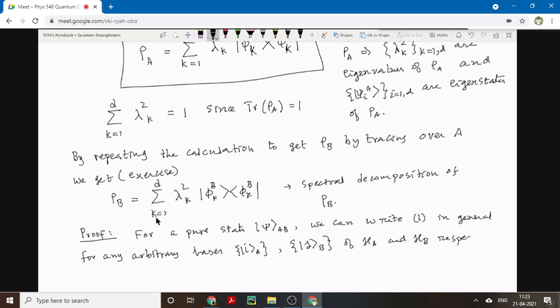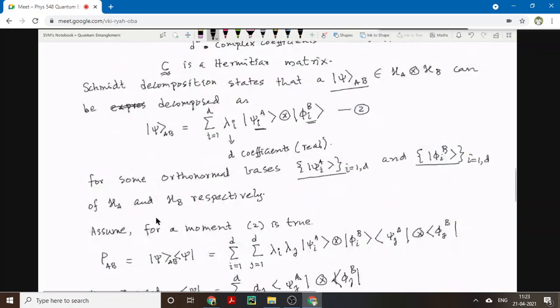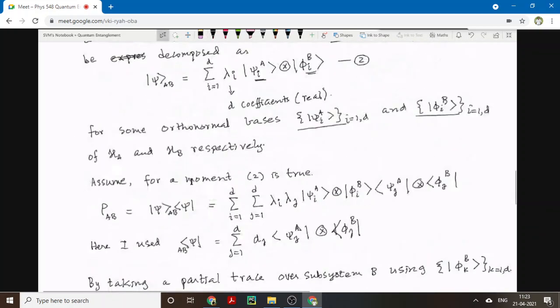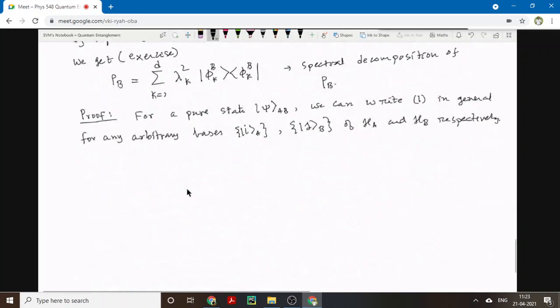You choose any two bases, I can always write equation 1. So let me rewrite that here. Your psi AB can always be written as sum over I equal to 1 to D and sum over j equal to 1 to D of Cij IA product JB. This you can do for any arbitrary basis.